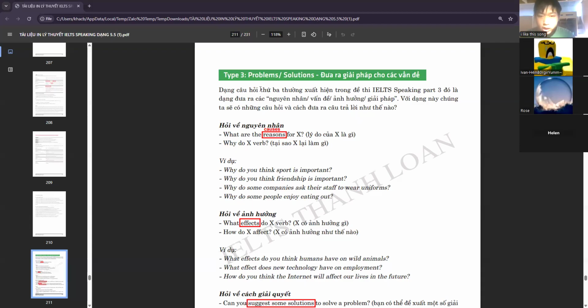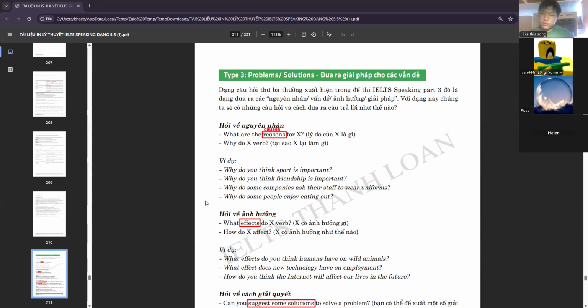Anyways, we're going to go to the first part, the first type for today, which is problems and solutions. This is actually a really popular writing task 2 format because it is a pretty interesting one to give your own opinions.